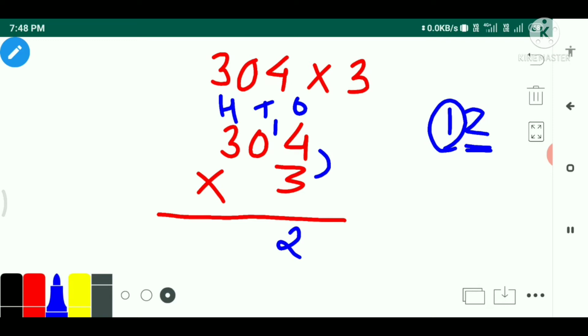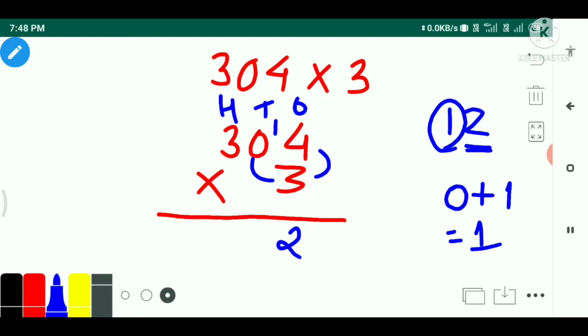So 3 into 0. If we multiply any number with 0, we get 0. So 3 zeros are 0, and the extra 1 that was given, so we add 1 to that number. 0 plus 1 is 1, right?